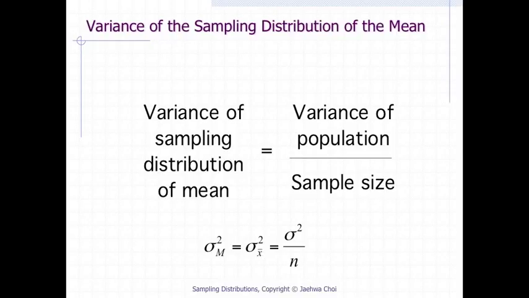The variance of the sampling distribution of the mean is represented with the symbol sigma squared sub m. The variance of the population is represented by the symbol sigma squared, and the sample size, the number of scores used to compute a mean, is represented by the capital letter N.